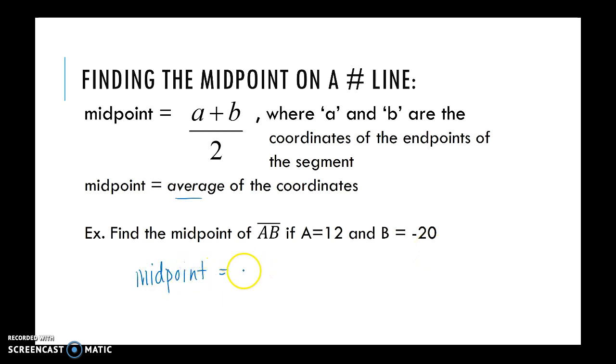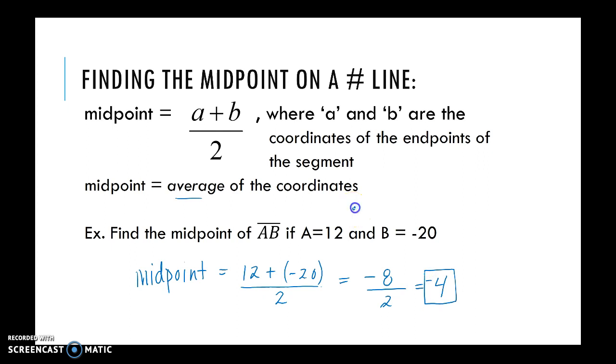So our midpoint, we add the coordinates together. So 12 plus negative 20, and then I divide that by 2. 12 plus negative 20 would give me negative 8. Negative 8 divided by 2 would give me negative 4. So the midpoint of the segment, the coordinate would be at negative 4.